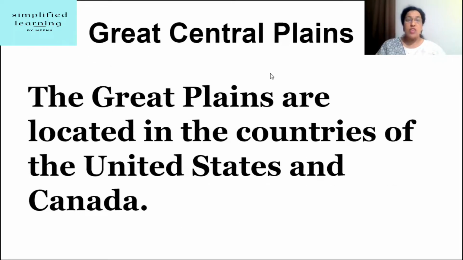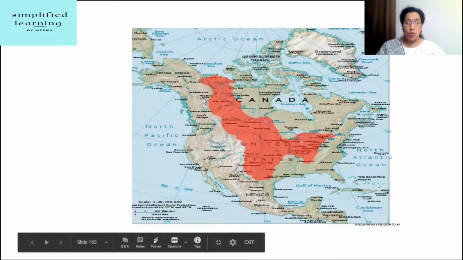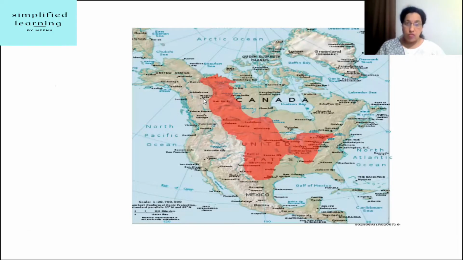Now let's talk about Great Central Plains, which is the fourth physical division of North America. The Great Plains or Great Central Plains, or even we call them the Central Lowlands, are located in the countries of United States and Canada. Let's locate Great Plains in the map of North America. All this pink portion is the Central Lowlands or Great Central Plains of North America. Clear?